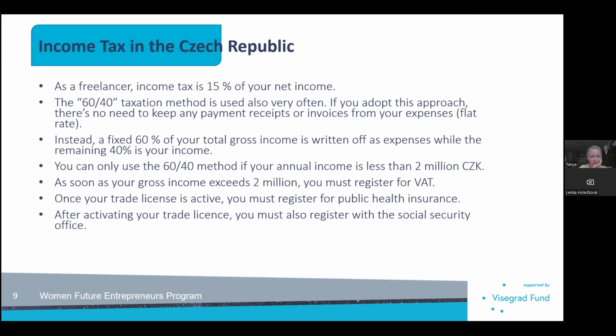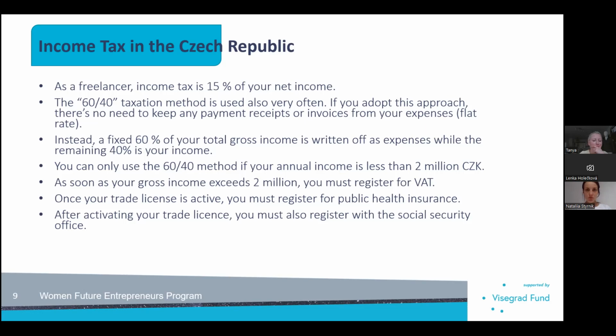And first of all, I would like to remind you also of something about income tax in the Czech Republic regarding freelancers, regarding these crafts or trade licenses activities. As we mentioned, as a freelancer, your income tax is 15% of your net income. But there is just one easy way. You can also calculate the so-called flat rate, což je paušální daň in the Czech language.